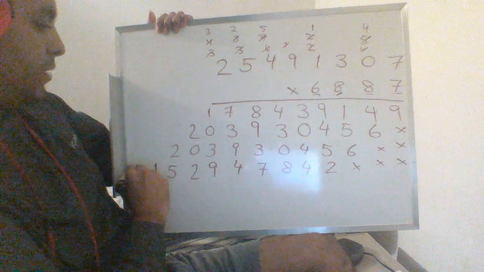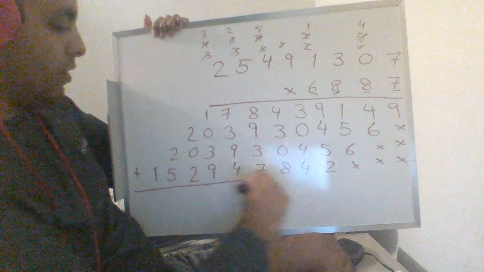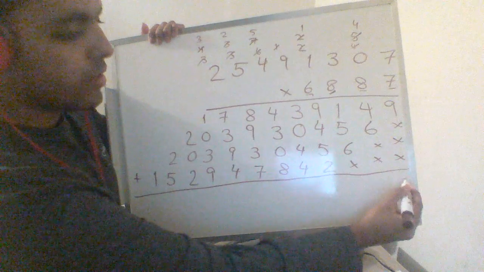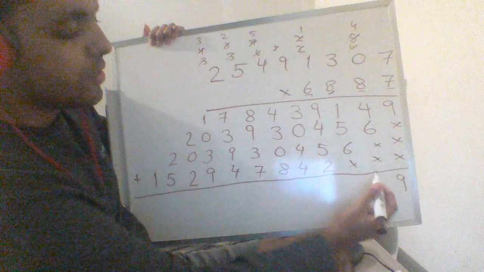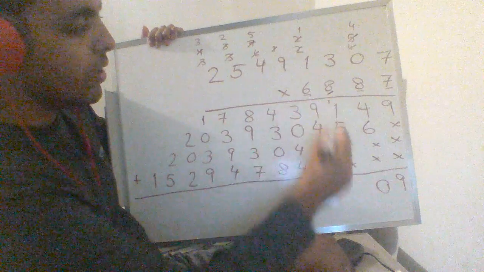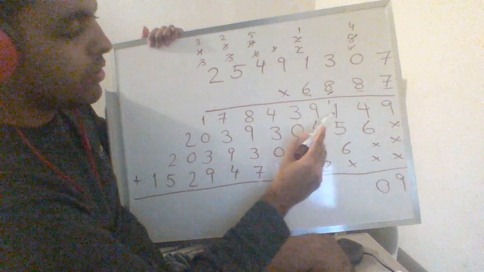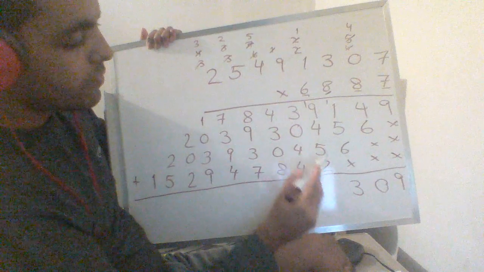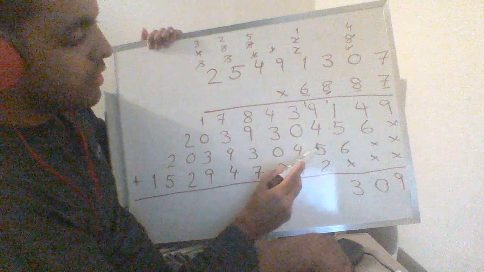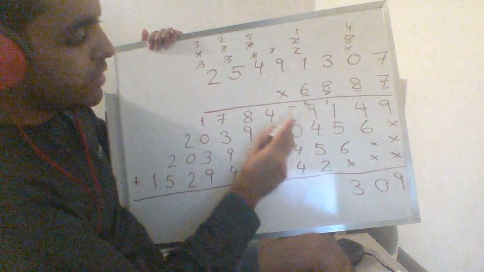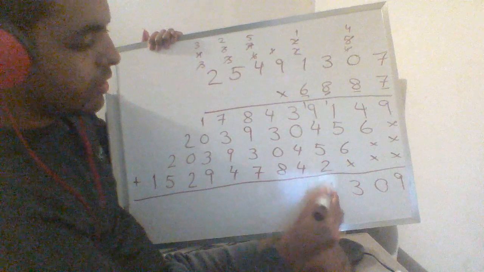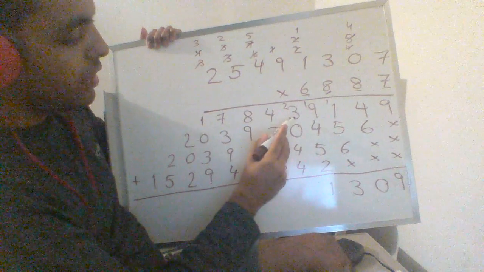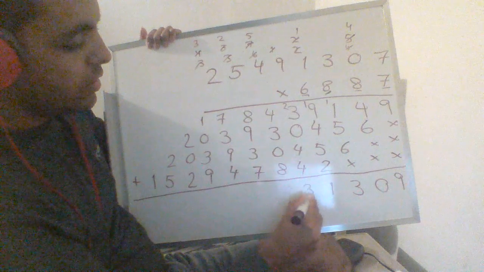And we're going to add all of these. So 9 plus 0 plus 0 plus 0, that's going to leave me with a 9 at the end. 6 plus 4 is 10, carry the 1. 6, 11, 12, 13, carry the 1. 9, 10, that's another 9 right there, so that's 10, 19, 21. Carry the 2, 4, 8, 11, 13.